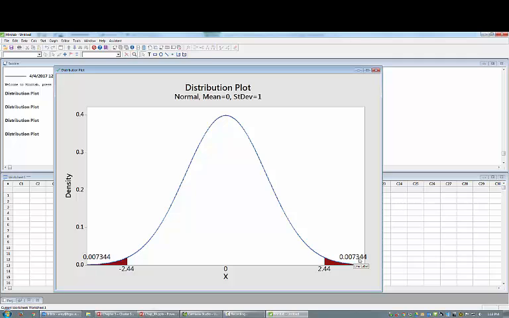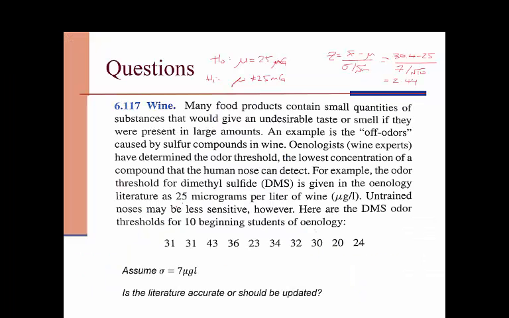You've got to add them up. Right? And you get a p-value of 0.015. Okay, so from Minitab, we get a p-value of 0.015.